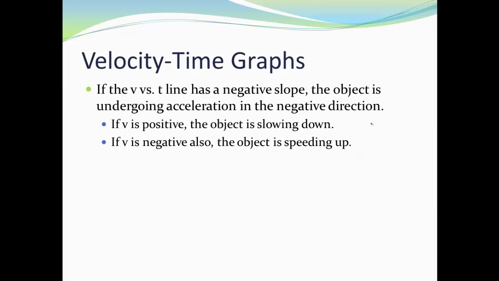If you have a negative slope but a positive velocity, you're slowing down. Something like this. And a negative slope and a negative velocity is speeding up in the negative direction. So if the slope of the v versus t graph and the v value are both positive or both negative, you're speeding up. If they're opposite, you're slowing down.